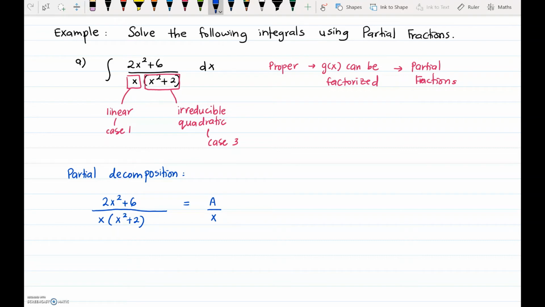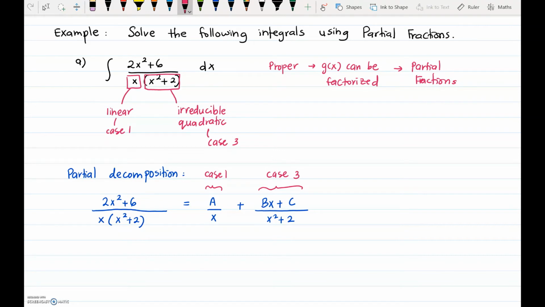Secondly, for the second factor, it will be (Bx + C) divided by (x² + 2). So the first one is for case 1, and the second one is for case 3.